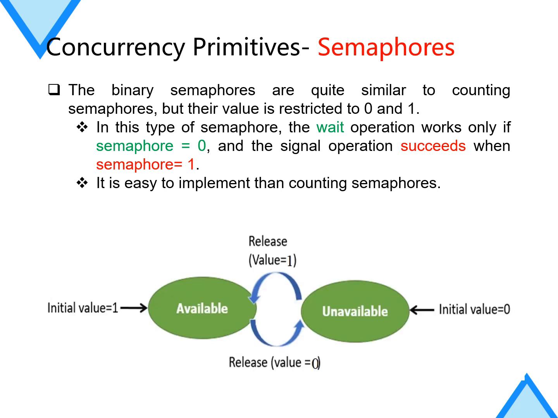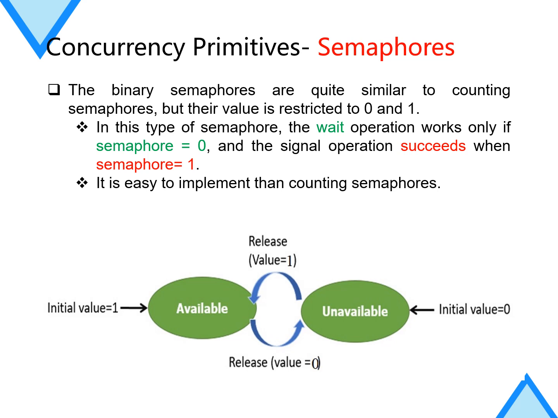Let's see some example. If the initial state equals 0, the semaphore will be in an unavailable state, and if some thread releases the resource, it will increase the count by 1 and change the state to available. Or if we start from here, the initial count equals 1, so the semaphore will be created in the available state.